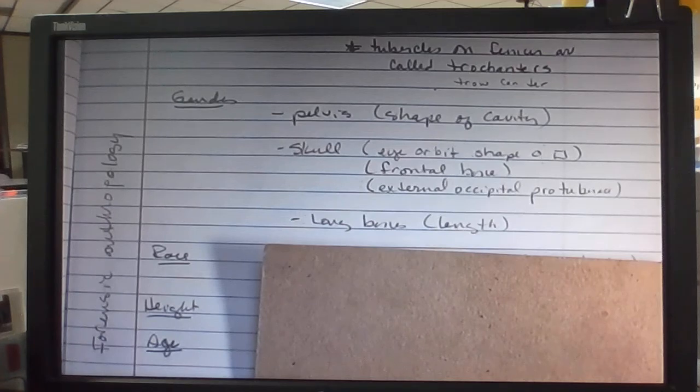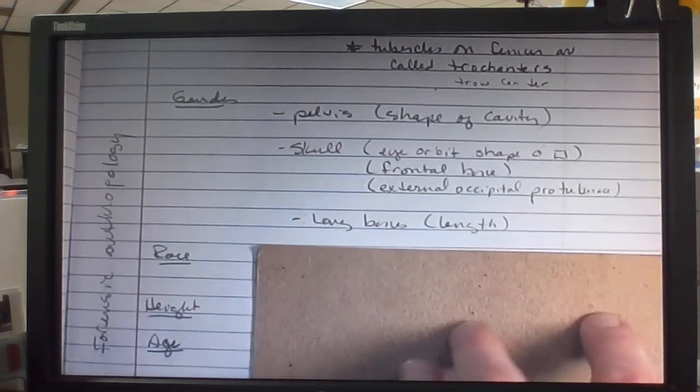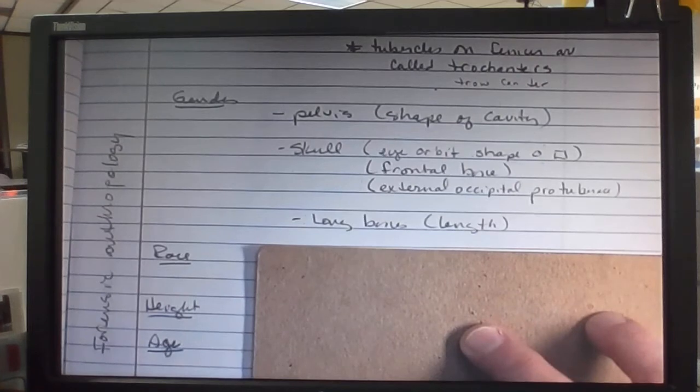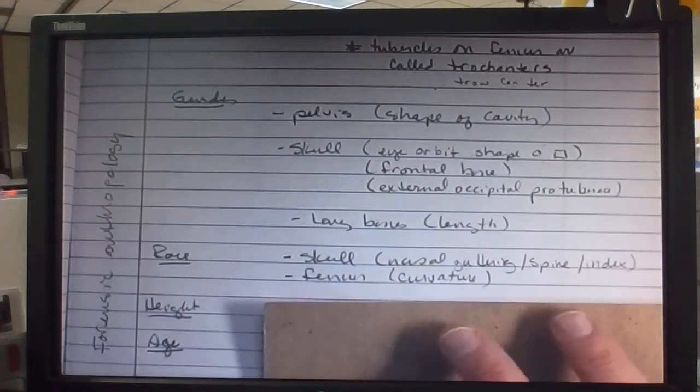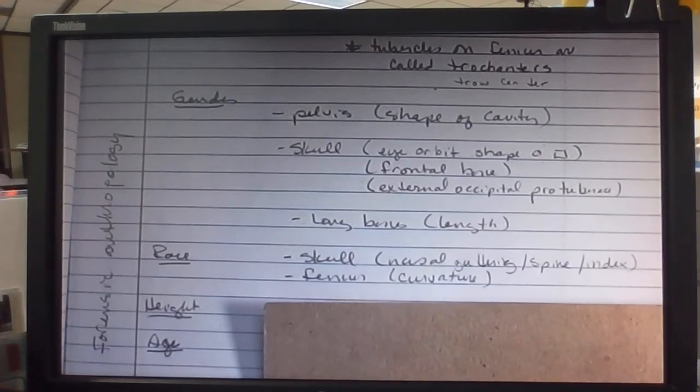Okay, another way we can identify skeletal remains is we can look at the race of those skeletal remains. The skull and the femur are bones that can help us narrow down what race these individuals are. So for the skull, you'll look at nasal guttering, the nasal spine, and the nasal index.